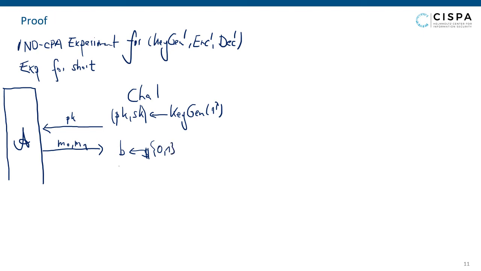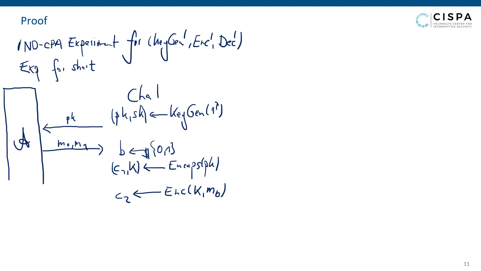And how do we encrypt it? Well, we first compute c1, k via Encaps, and c2 as an encryption using the key k of the message m_b.